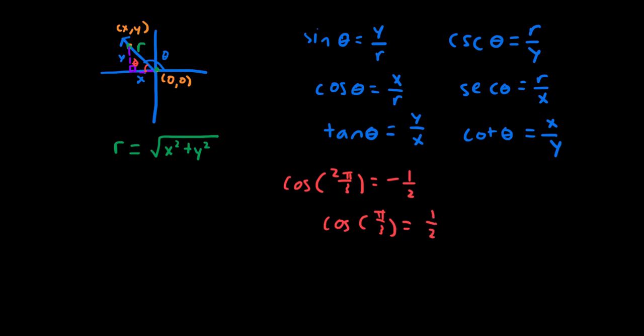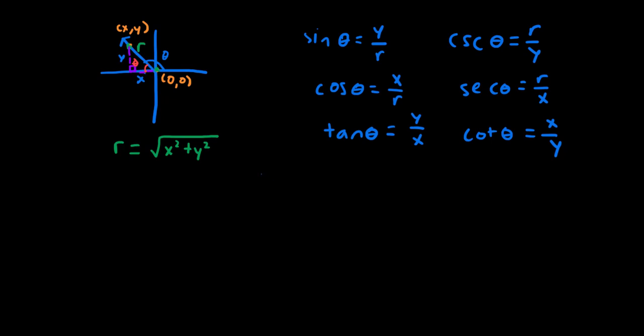And 2 pi over 3 is in quadrant 2, and so the x values are negative, and so you just make it negative half for 2 pi over 3. So it's the same, it's just the sign is different. But as long as you just put the right sign for x and y, because it should already be the right sign when you plug it in, then you'll get the correct answer.